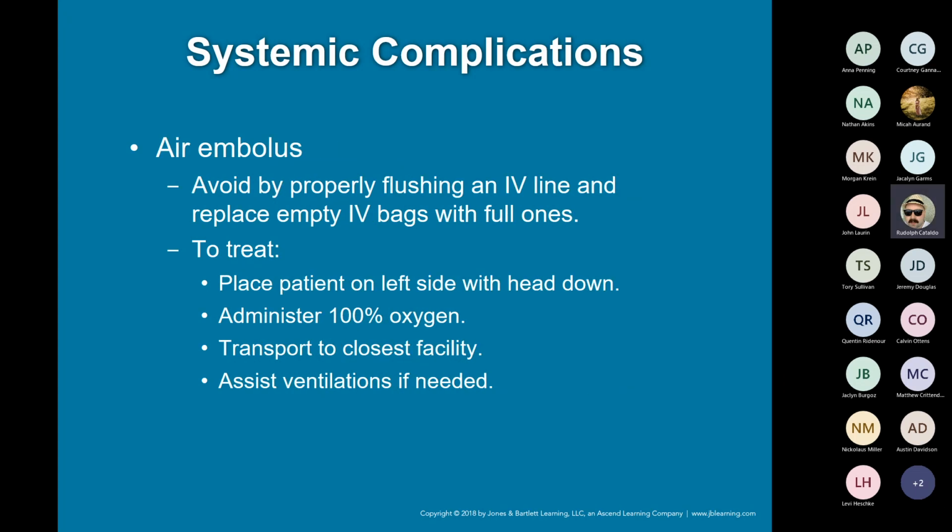The reason we flush all of our IV lines, we flush all of our locks, we make sure that they're primed and ready to go, is to prevent any sort of air embolus. If we inject air into our patients continuously, yeah, we have the potential for part of their vessel to become blocked by an air bubble.